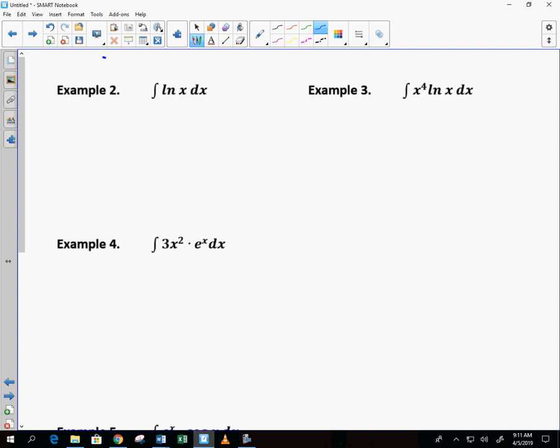Sometimes you come across an antiderivative that you don't know, and it doesn't look like integration by parts is going to help you, but in fact, integration by parts will. The key is to choose F to be something you take the antiderivative of, and g to be something you take the derivative of. Well, let's look. Natural log of x.